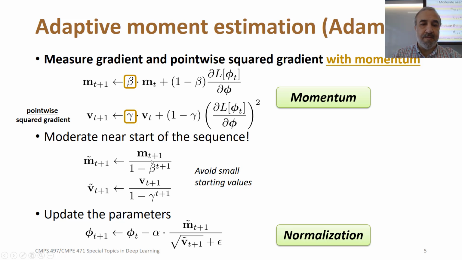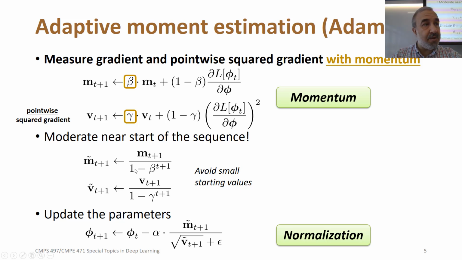So when t is 0, which means we are at the first iteration, we will divide the value of the momentum, which is the gradient, by 1 minus beta. Last time we said that beta is close to 1. That means that we will divide by a large number or small number? Small number. Dividing by a small number means we will increase it, okay?